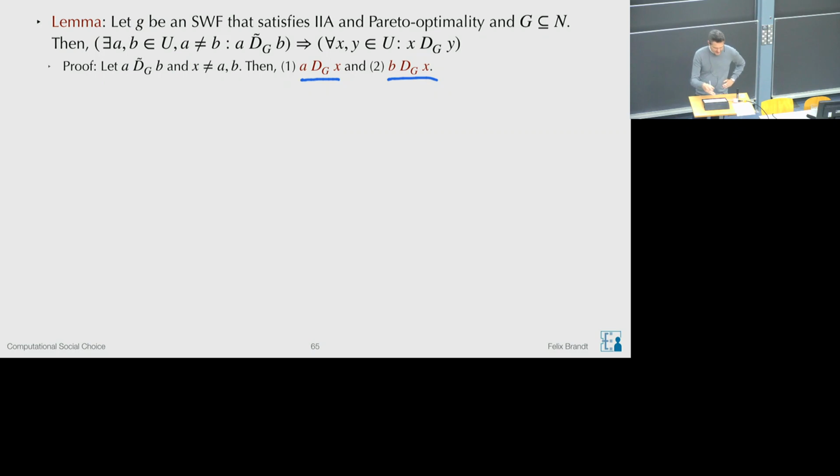And then in the end, I will show why these are sufficient to get decisiveness over all pairs. So we show that if G is semi-decisive for A against B, then it is also decisive for A against X. X is just some other alternative, and also decisive for B against X. Essentially what we are doing here is taking a single semi-decisiveness relation, and we are deducing that there are 2 other ones, and not only semi-decisiveness, but even decisiveness.